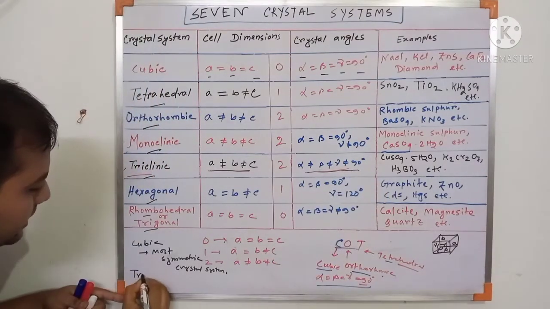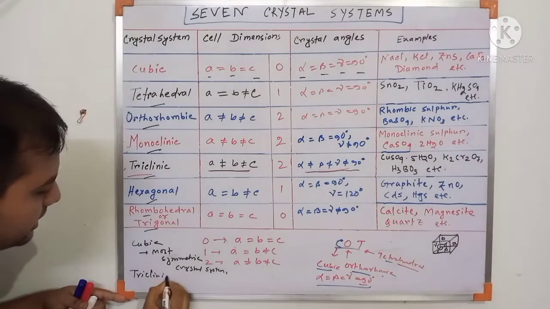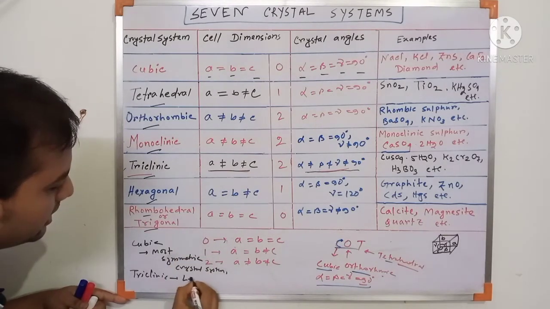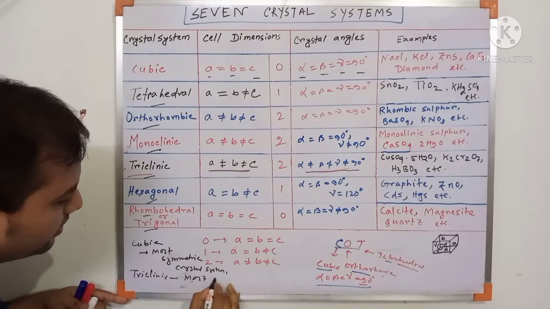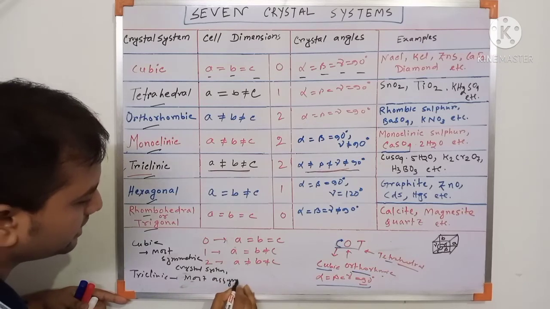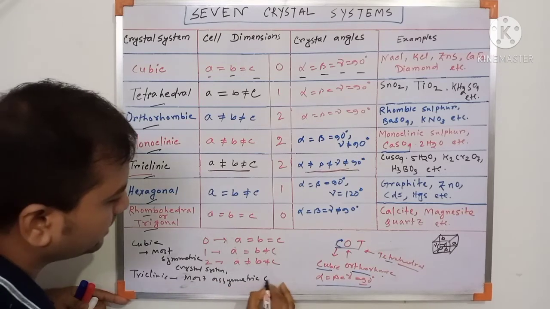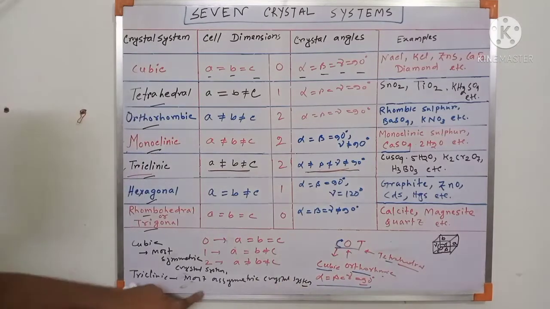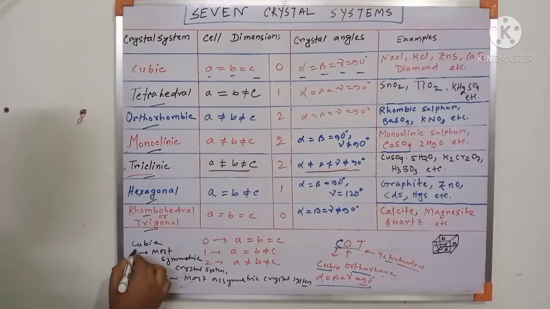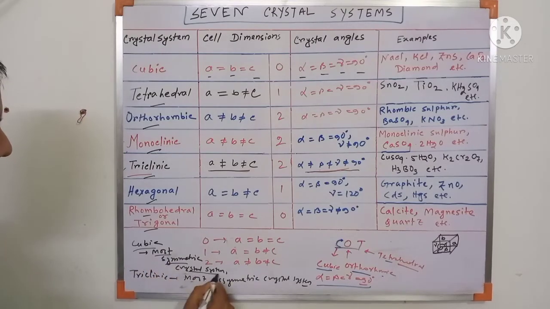So triclinic has no symmetry; it is called the most asymmetric crystal system, and cubic is the most symmetric crystal system.